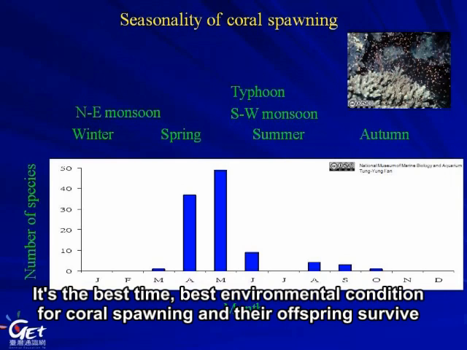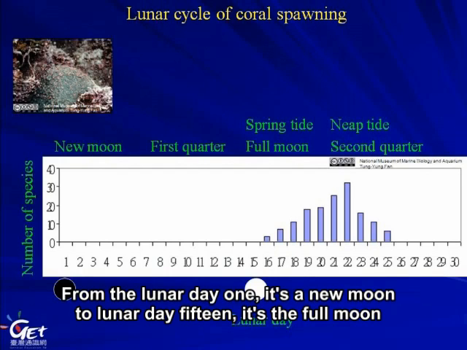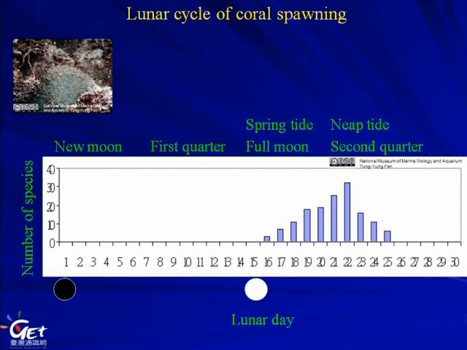So it's the best environmental condition for coral spawning and offspring survival. For the lunar cycle of coral spawning, lunar day 1 is the new moon, and lunar day 15 is the full moon.